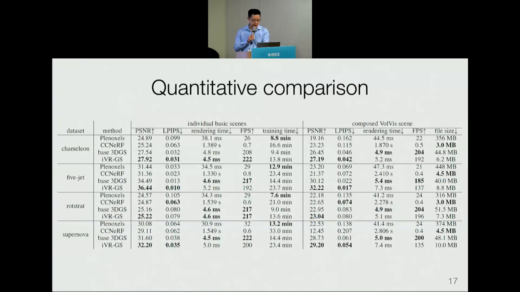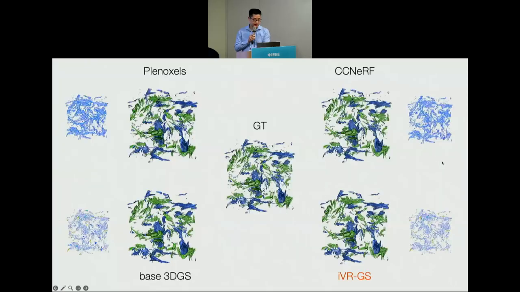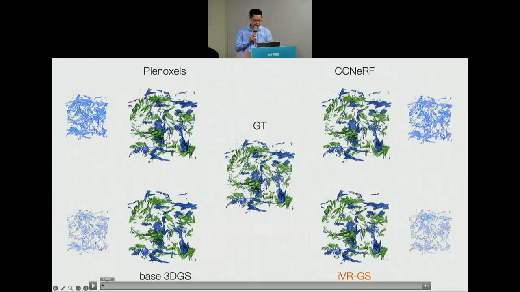Looking at the comparisons, we actually get the best in terms of quality. And these are the rendering times. You can achieve a very high rendering rate at runtime, over 100 frames per second, and the model size is much smaller, typically 10 megabytes. Here we show the comparison.